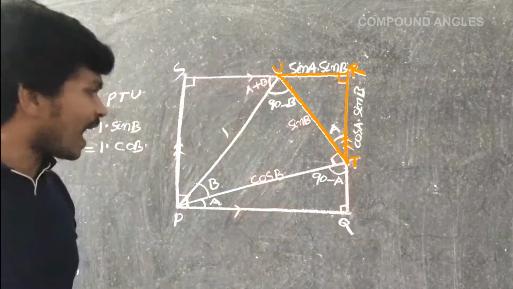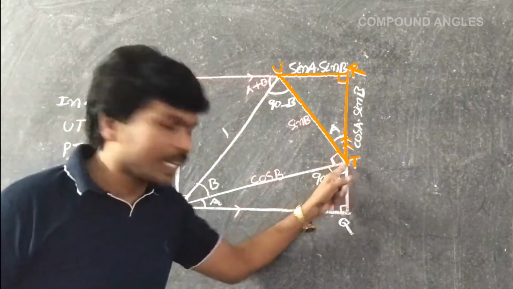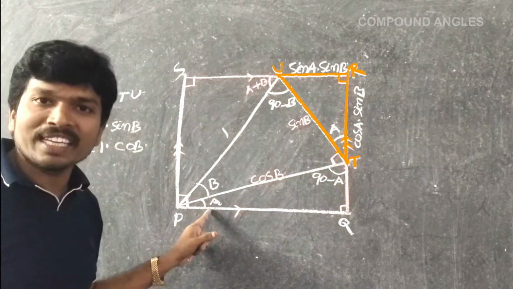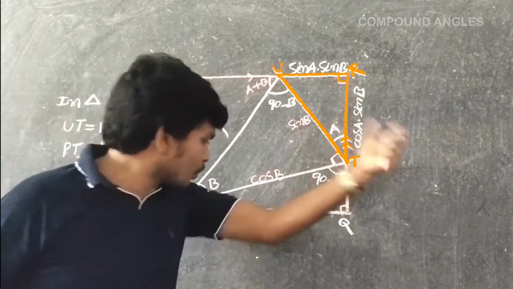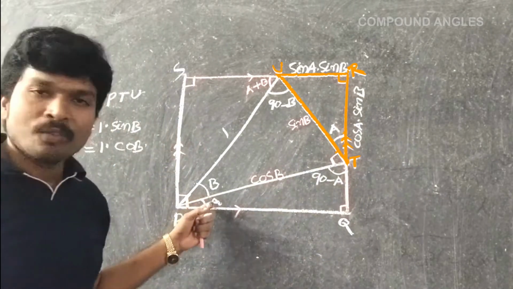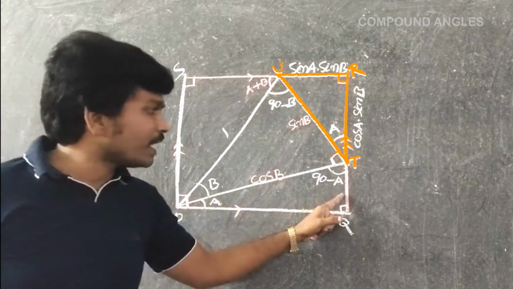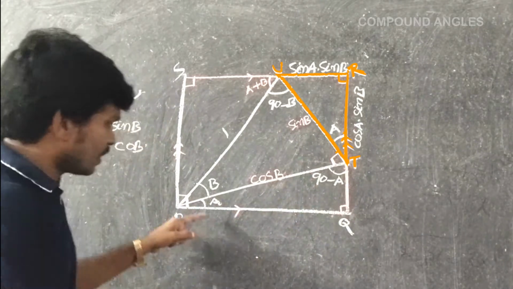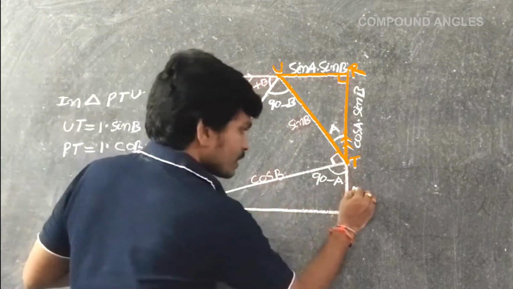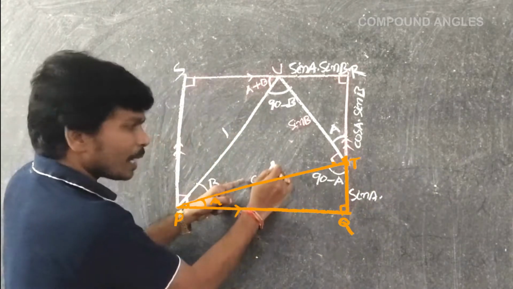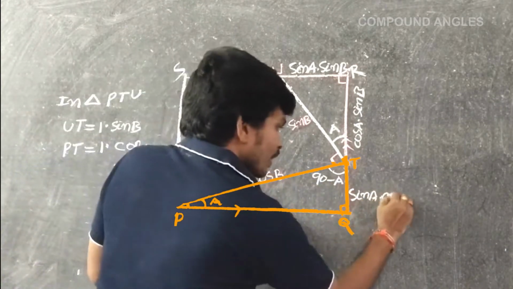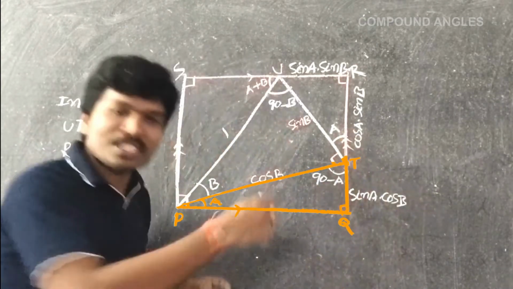In triangle PQT, you observe QT is the opposite side of angle A. Yes or no? So opposite side formula. QT is equal to what do we get? Sine A into hypotenuse. What is the hypotenuse value? Cos B. So that's why you got the opposite side.